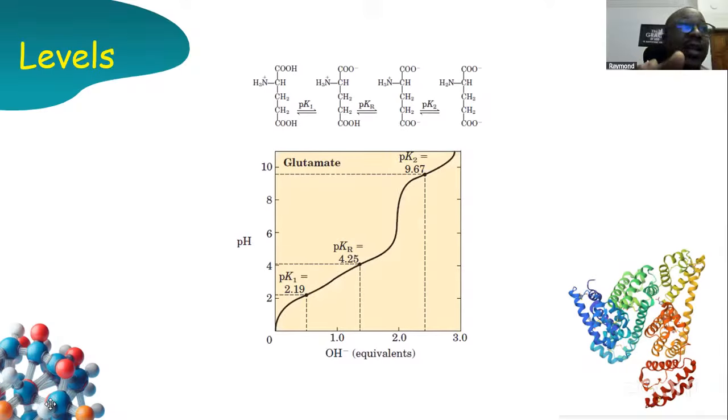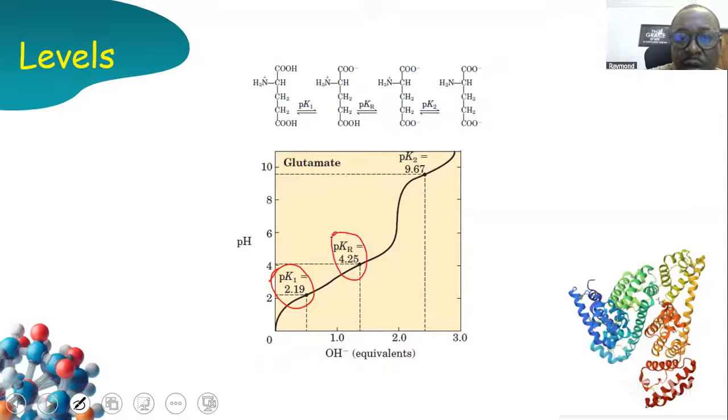Okay, yes, exactly the same thing happens with glutamate. You can see here the pKa is even reduced further. We have the pKR, where the R stands for the R group. So we have the pK2.